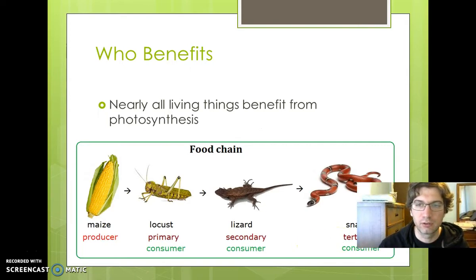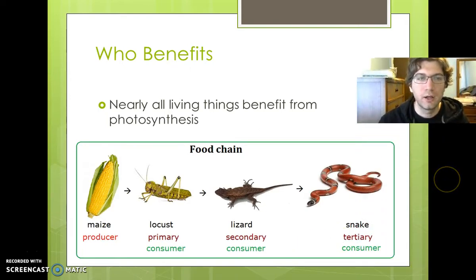You can't see our little corner. There we go. Who benefits from photosynthesis is pretty much all living things. You can think of your food webs and food chains that you talked about in past years in your science class. We have our producers or autotrophs that actually go through the process of photosynthesis.